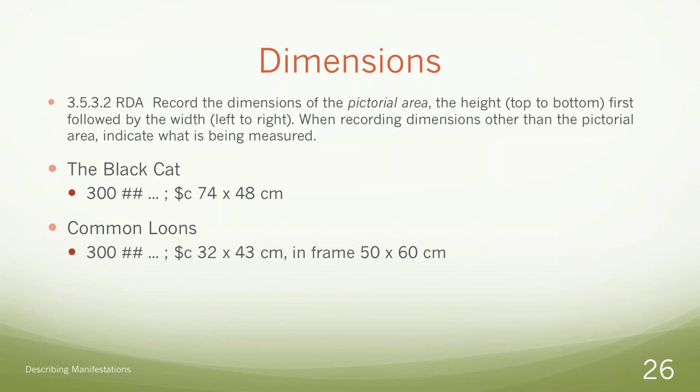And so as we can see, the pictorial area is 32 by 43 centimeters, and then the frame itself is 50 top to bottom by 60 centimeters left to right. So that's what we mean by pictorial area, is without the frame.